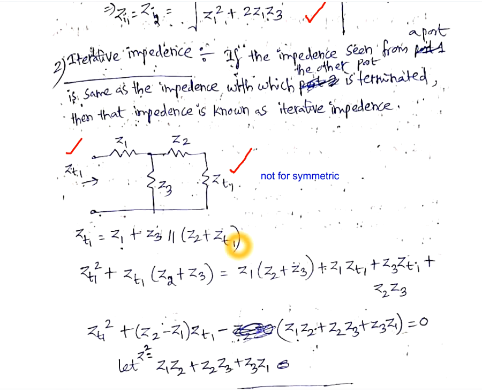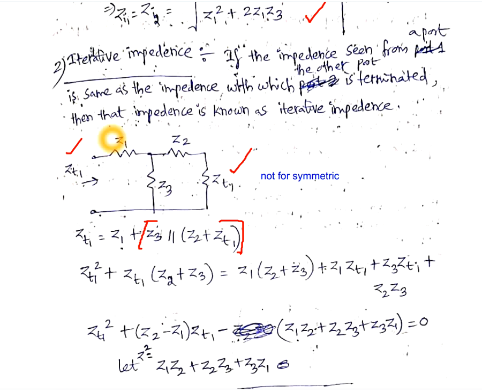So how to derive ZT1 here? ZT1 is nothing but Z1 plus the parallel combination of Z3 and Z2 plus ZT1, right? You can see that here, because Z1 and Z2 are in series and that combination is in parallel with Z3.